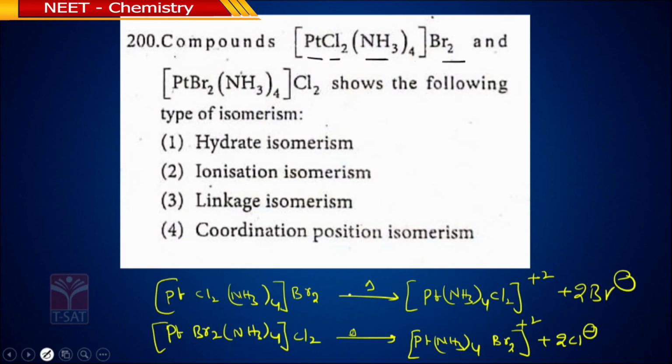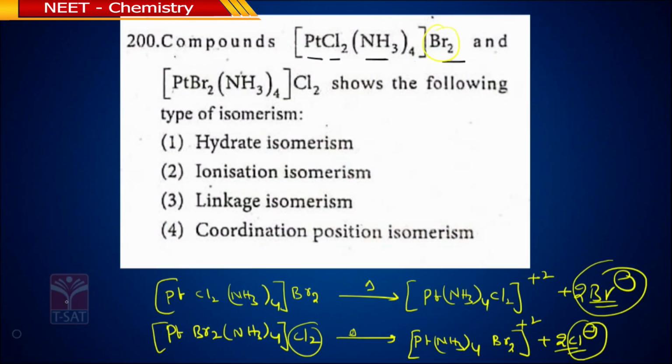Upon ionization, we get Br minus here and Cl minus there; here outside Br2 we have written Br minus, and outside Cl2 we have written Cl minus. So, upon ionization we have got different ions. That is why we call this ionization isomerism.